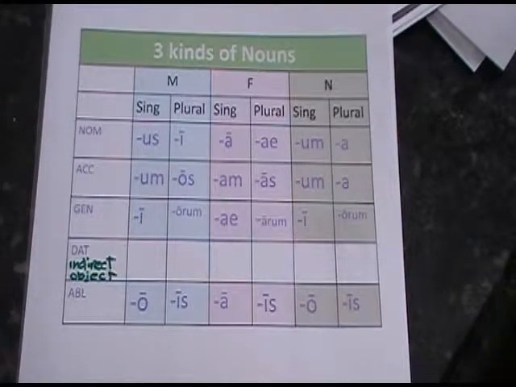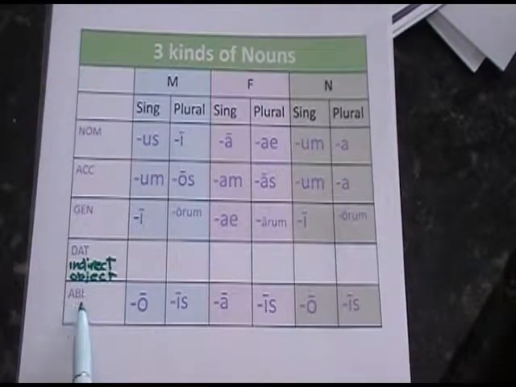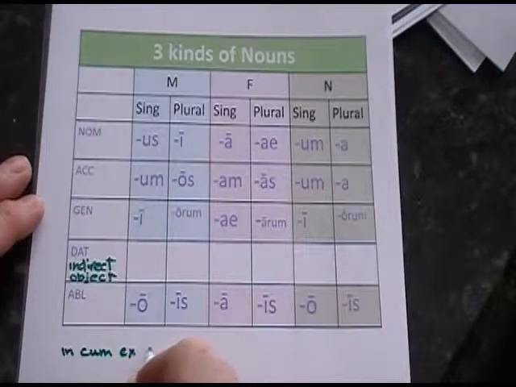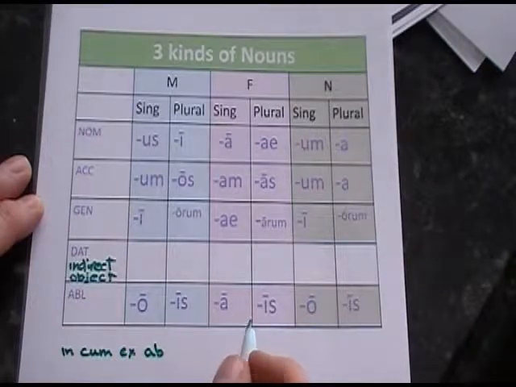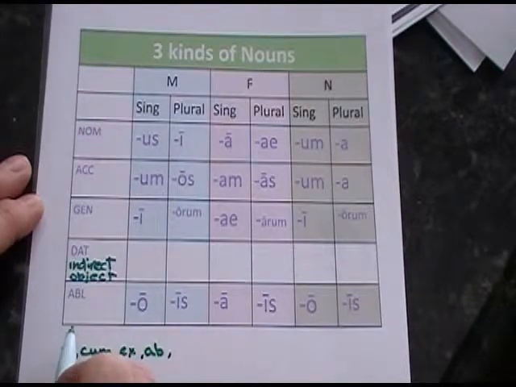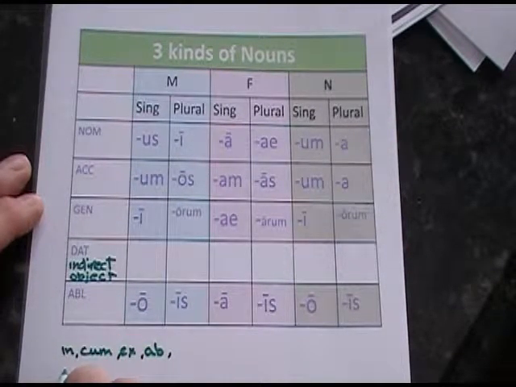Okay, and finally we have the ablative, which is used after the ablative prepositions, which we know are in, cum, ex, ab, and you don't have the others yet. There are only a couple others. It's also used when we use an item, like when we hit someone with a stick or by means of a stick.